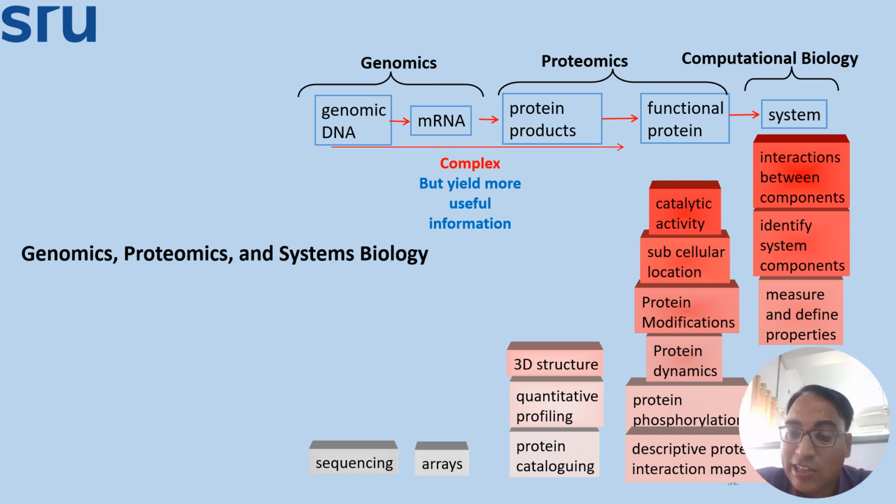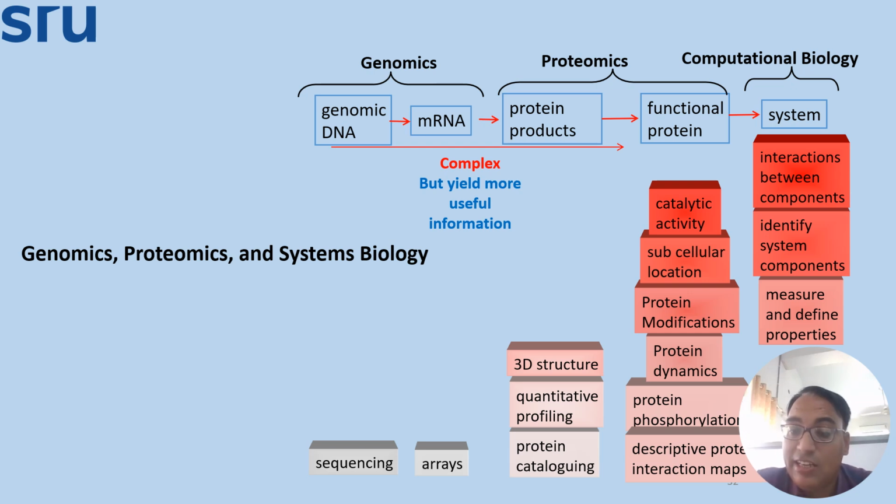If you compare the NCBI gene database and NCBI protein database, you will find billions of sequences. Then we started building mRNAs using microarrays and other methods, and getting serial analysis of gene expression, the SAGE method. We started finding out which mRNAs are getting expressed.